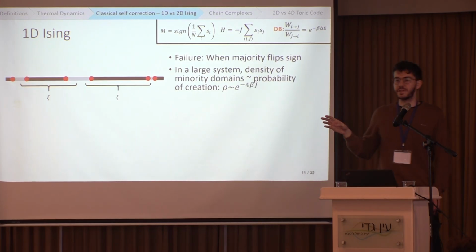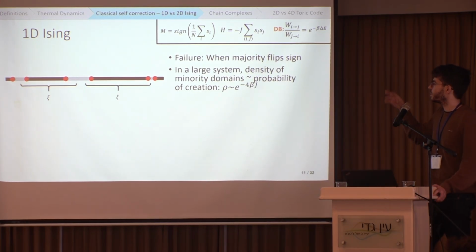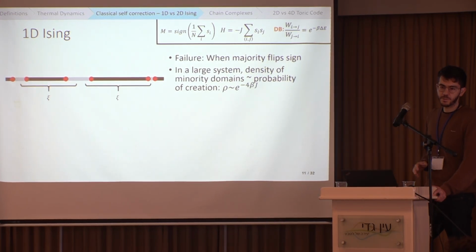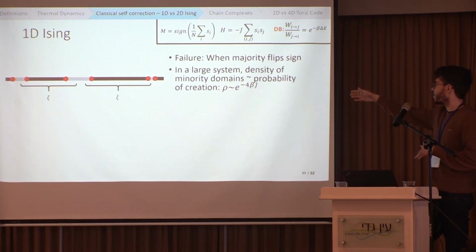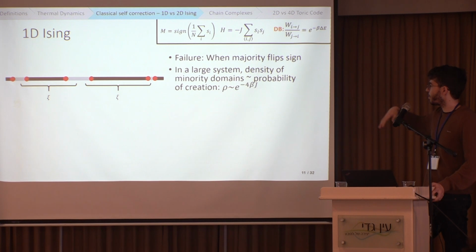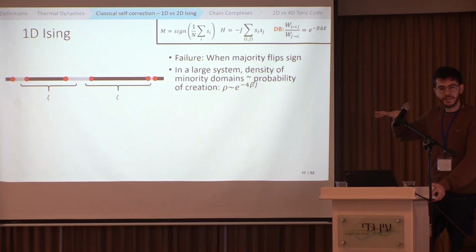And the density of these minorities would be according to the probability of their creation, which is according to the initial cost of their creation. We said that the cost is 4J per minority, so the probability of their creation would be exponentially small with this cost. But once they're created, as I said, they can just move around.